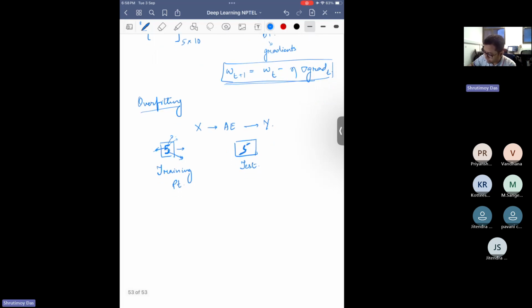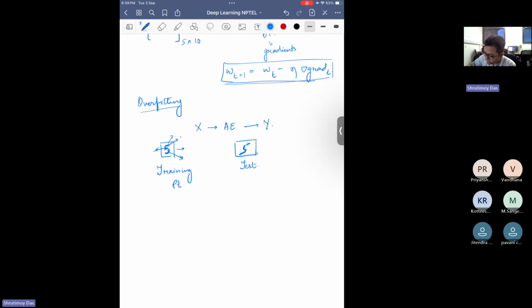So suppose this is your feature 1, this is your feature 2, and this is your feature 3. So with respect to feature 1, we have some W1, with respect to feature 2, you have some W2, with respect to feature 3, you have some W3. And this will be very high value. So this is say 10,000, this is 4,000, this is 5,000, something like that.